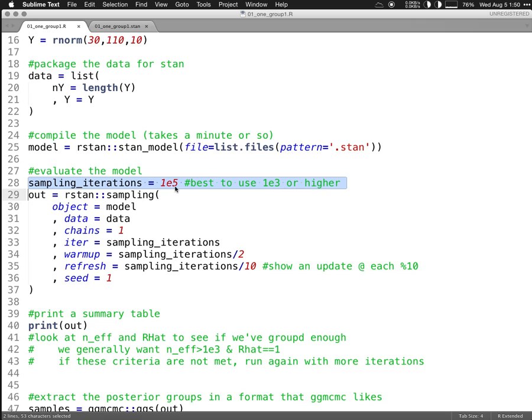You have to do this iteratively, so you have to specify the number of iterations, and I'll show you in a little bit how to evaluate whether you've done enough. The more iterations you use, the longer it takes, particularly for very complicated models. Let's just put in 1E3.